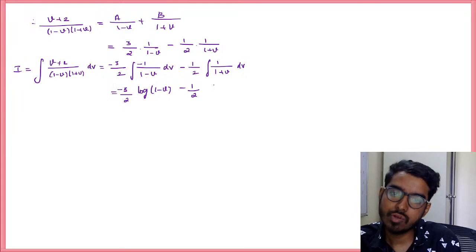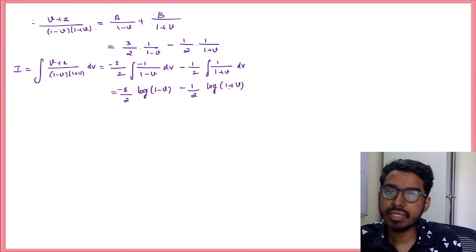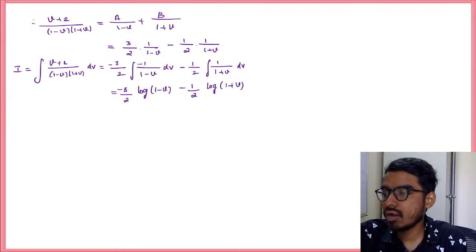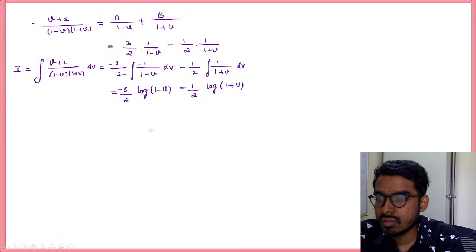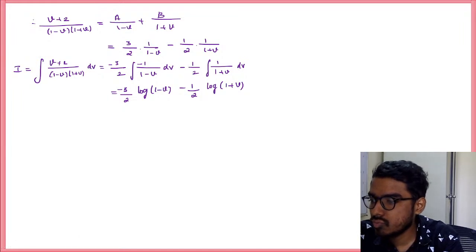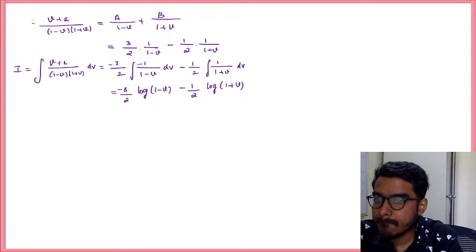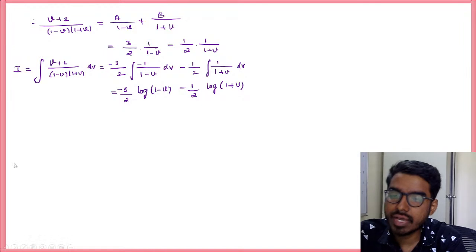So minus 3 by 2 log 1 minus b minus 1 by 2 log 1 plus b. This is the value of I.